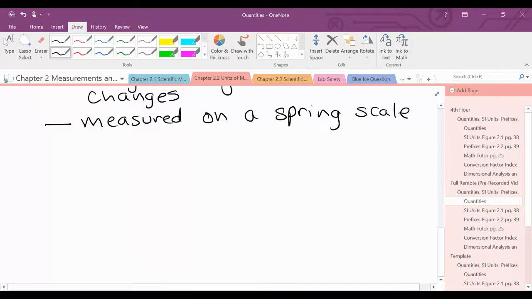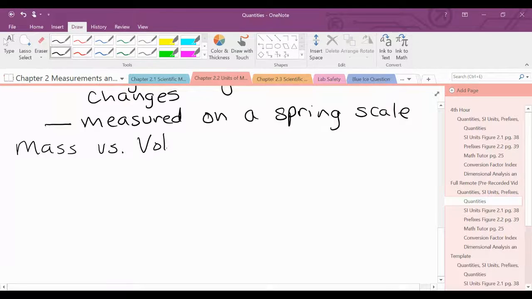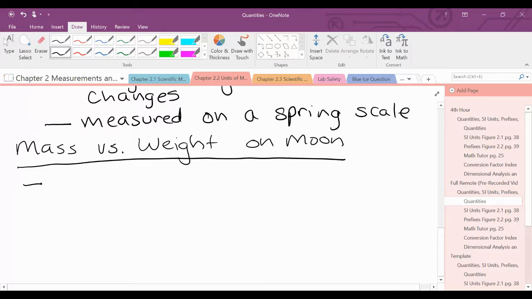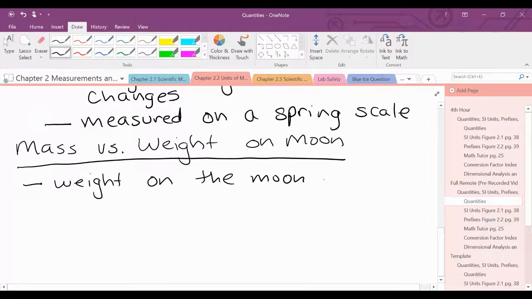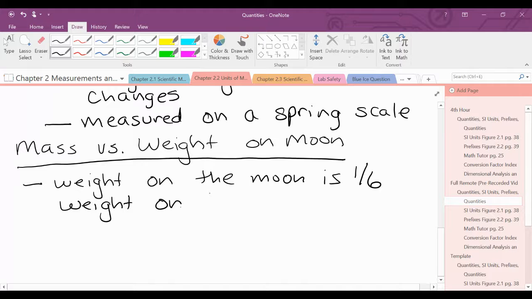So let's compare mass versus weight, excuse me, not volume, mass versus weight on the moon. So if you were to travel from the Earth to the moon, your weight on the moon is 1/6 your weight on Earth, because the gravitational pull on the moon is less.